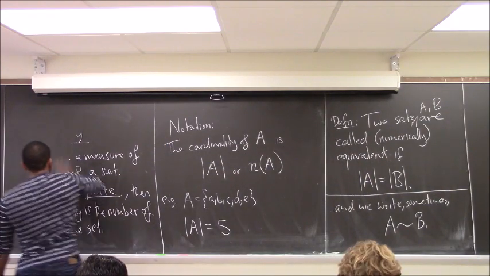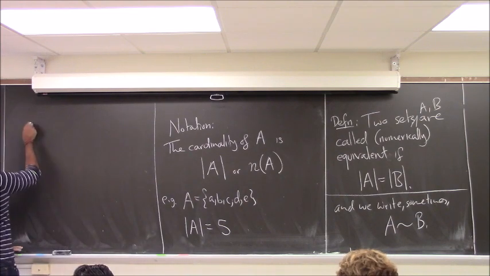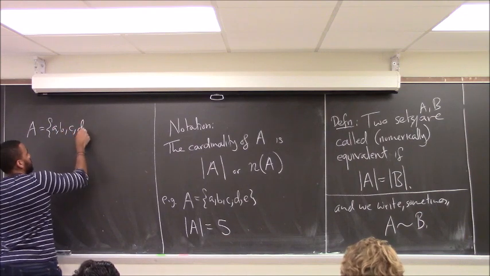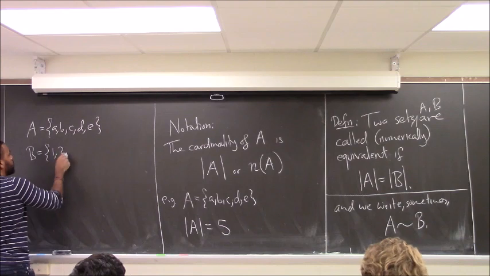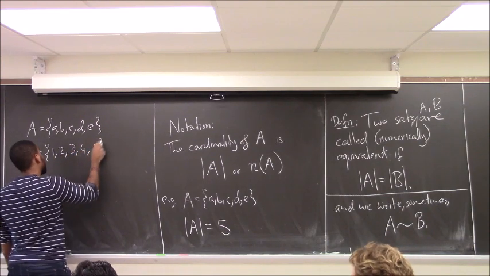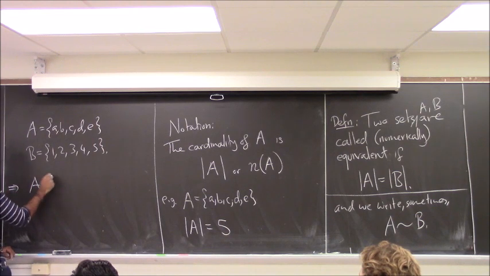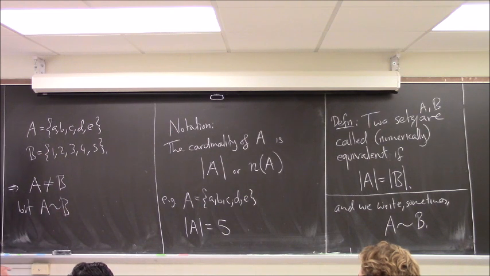So I can say A equals {a, b, c, d, e}. I can say B equals {1, 2, 3, 4, 5}. And A is not equal to B, but A is equivalent to B because they have the same number of things.